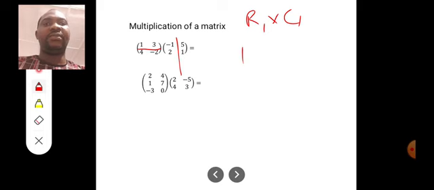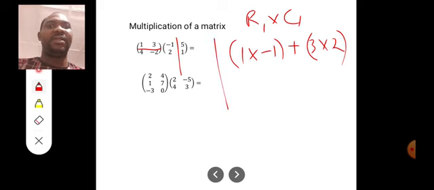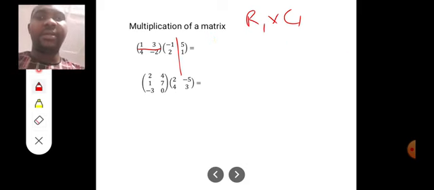We're going to have 1 multiply minus 1, which is in column 1, then plus 3 multiply 2. See that? That's for the first aspect. Now let me rub this off. This starts the new note. So we say 1 multiplies minus 1, then plus 3 multiplies 2.